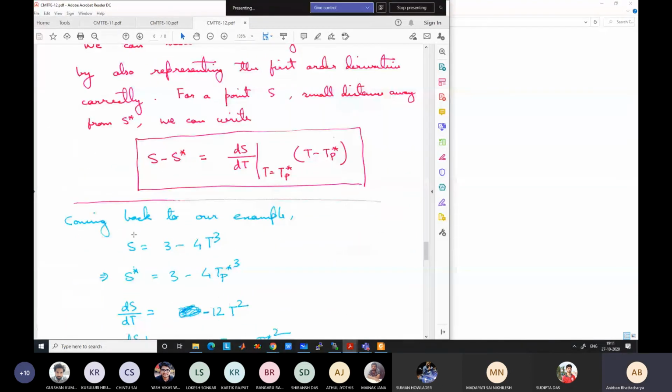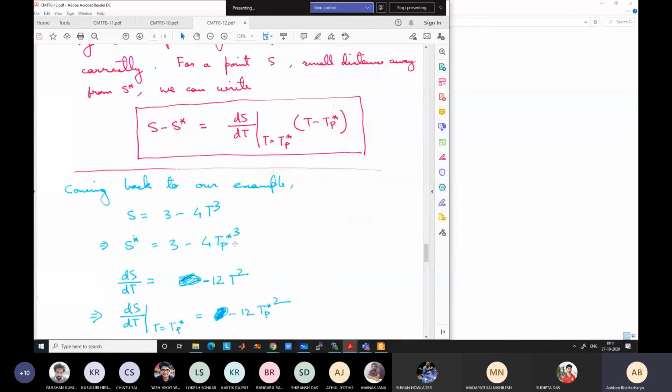Let us go back to our example. S is equal to 3 minus 4T cubed. So S star at the TP star point is equal to 3 minus 4 TP star cubed. And dS/dT, the slope of the line at any point, is minus 12 T squared.